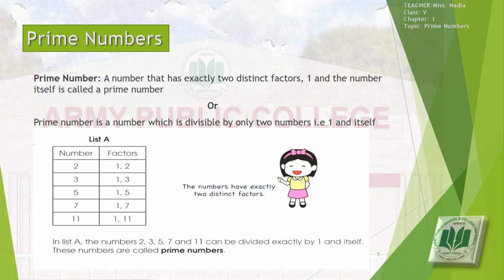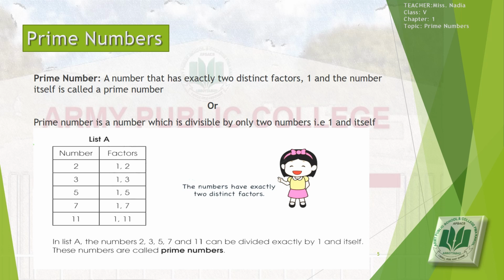Now dear students, we will learn about prime numbers and composite numbers. Prime numbers are the numbers that have only two factors, 1 and the number itself. Or you can say a number which is divisible by only two numbers, 1 and the number itself, is called a prime number.